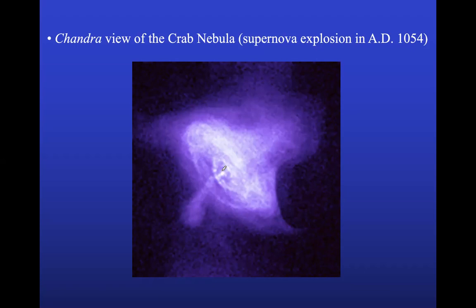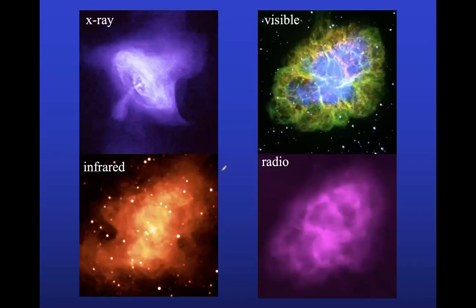And these supernovas are created in different ways and different types. We will talk about those later. But this is a nebula, which is like a remnant after a supernova explosion. And this image is taken completely from an X-ray telescope, but you can get the same image using different telescopes.